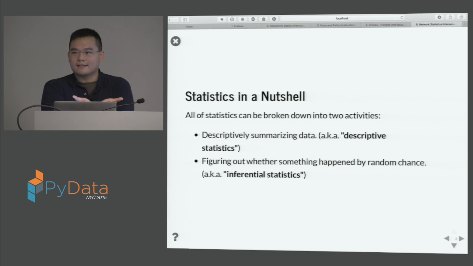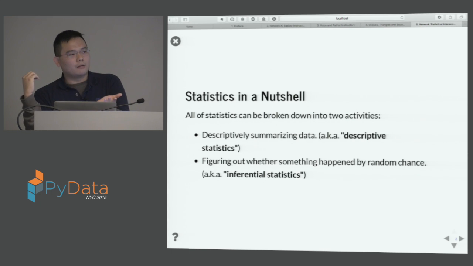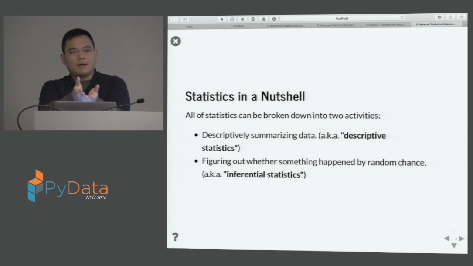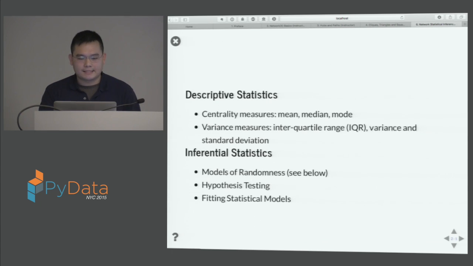For the purpose of asking whether, if that random model represents pure randomness that's meaningless, then you'd say it may or may not have happened by chance, or if that random model carries some particular mechanistic meaning, then you'd say, yes, my data fits this particular model of randomness. All right? So that's inferential statistics.